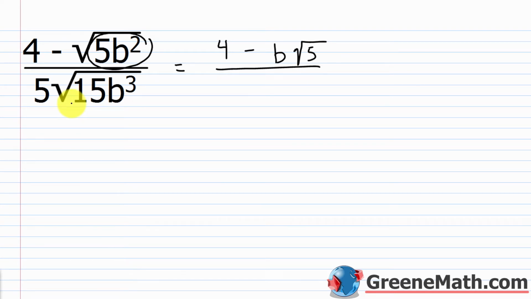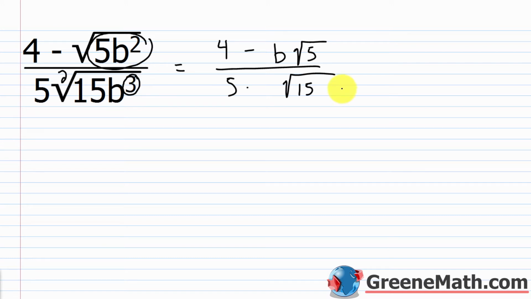Down here I have 5, which is multiplied by, you've got 15b cubed. Now 15 is 5 times 3, so I can't really do anything with that. So that would stay underneath. But with b cubed, again, if this guy right here is equal to or greater than the index, you know you can simplify that, right? I can separate that up into b squared multiplied by b.